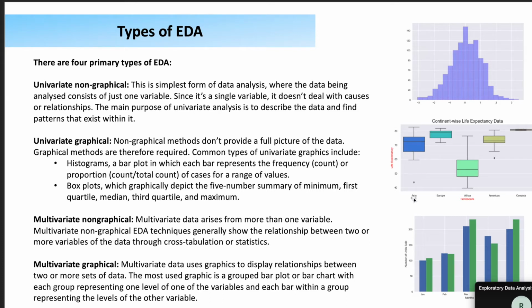But again, if you think of it, say this data is about life expectancy values of the population in countries in Asia, and this is a distribution of life expectancy values of countries in Europe, and this particular one is a distribution of life expectancy values in Africa.